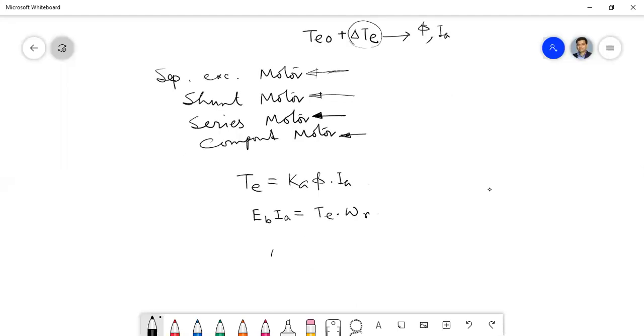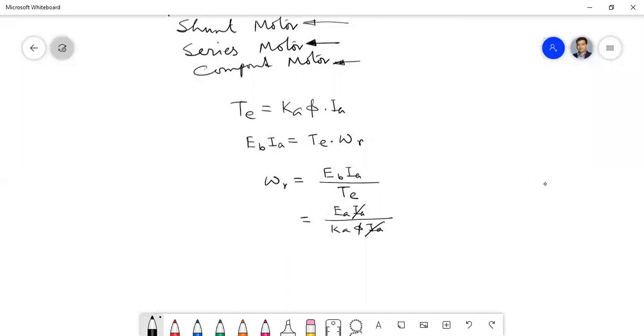What is the expression of speed then? Omega r equals Eb Ia by Te. If we substitute the value of Te, Ka phi Ia, then what we'll get? Sorry, we should write Eb.